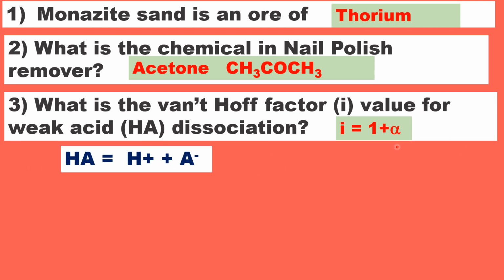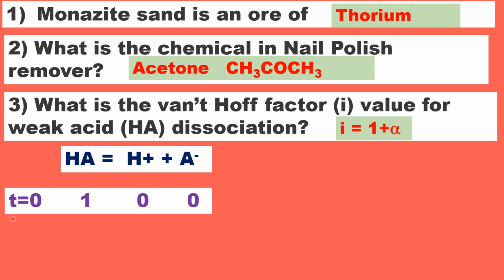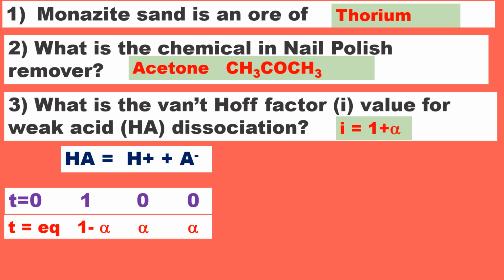Let us see how this van't Hoff factor is obtained. A weak acid is partially ionized. At time t equal to 0, let us take 1 mole of weak acid. At time t equal to 0, H plus and A minus won't be there: 0, 0.